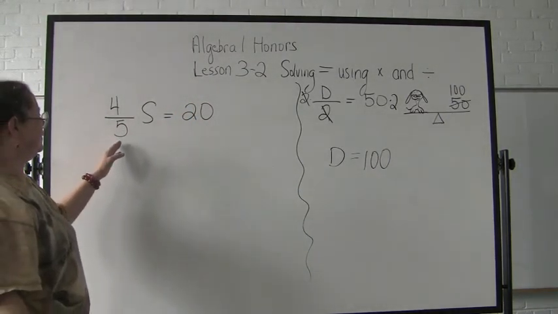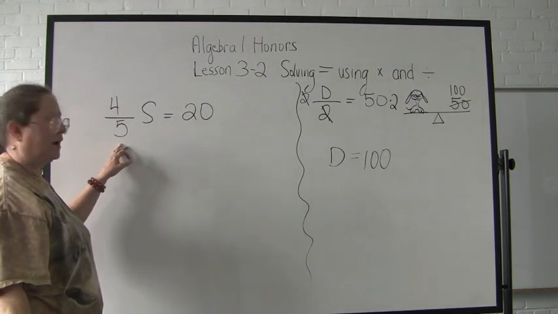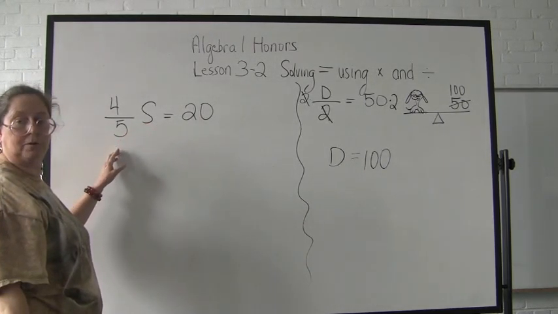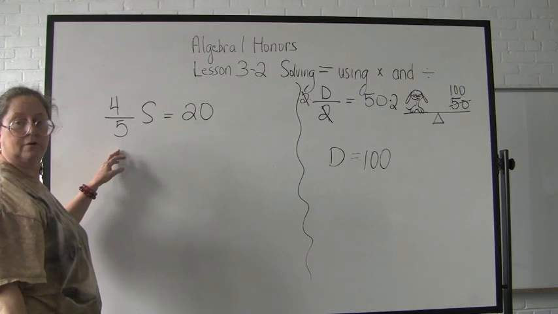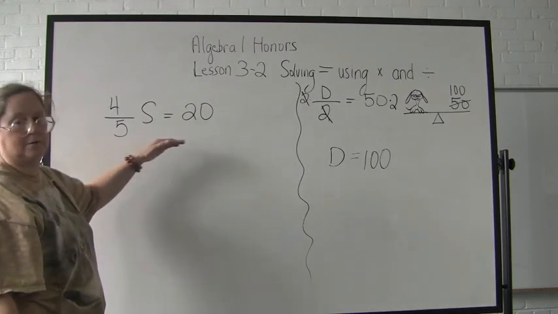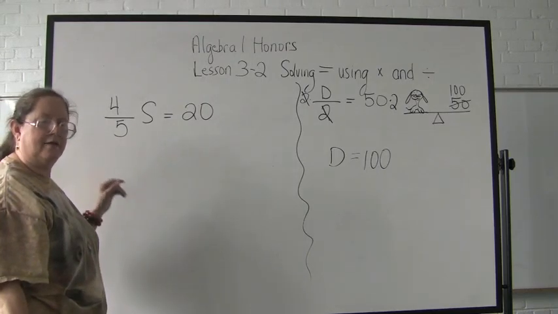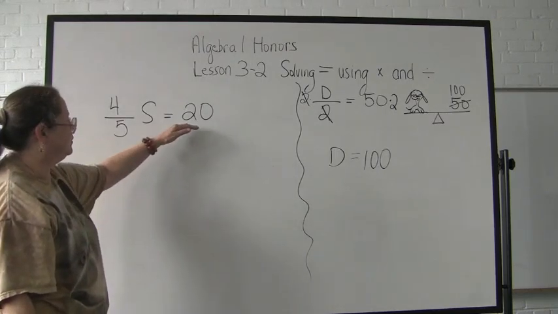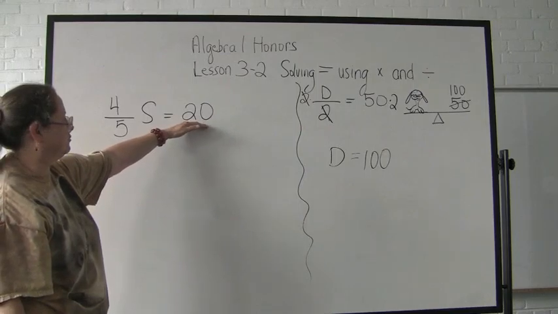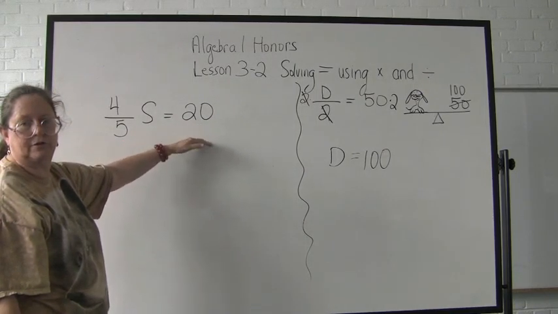Okay? Well, you might look at that and say, okay, well, I have my variable multiplied by 4/5. Okay? So I would divide both sides by 4/5. I've seen a lot of students do that. And that is not wrong, but when you divide by 4/5, that gives you a strange complex fraction.